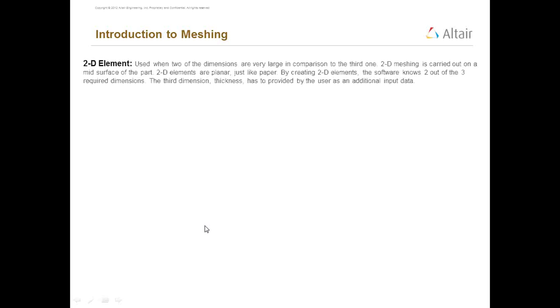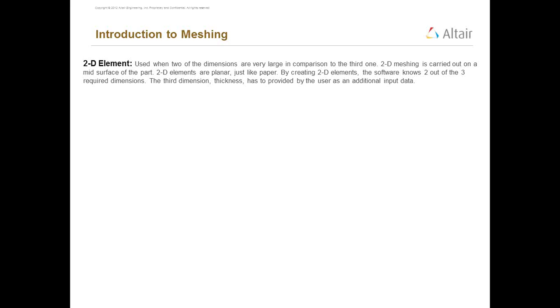Then 2D elements are used when 2 of the dimensions are very large in comparison to the third one. So in any geometry like sheet metal components where the thickness is very small as compared to the other 2 dimensions, we use 2D elements to simulate those kinds of problems in FEA or CAE.